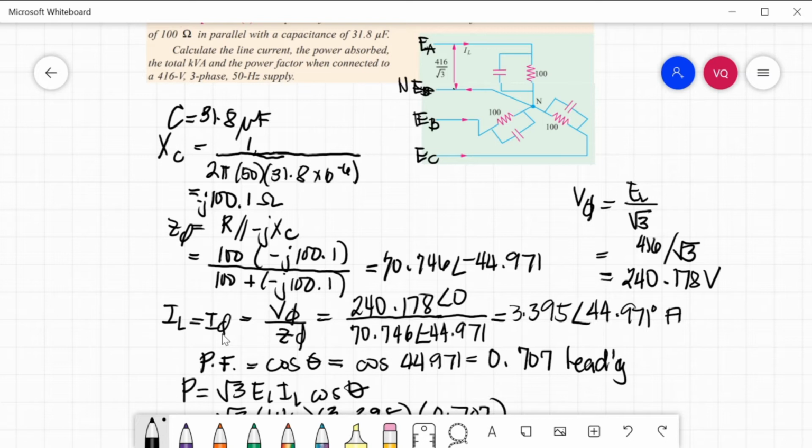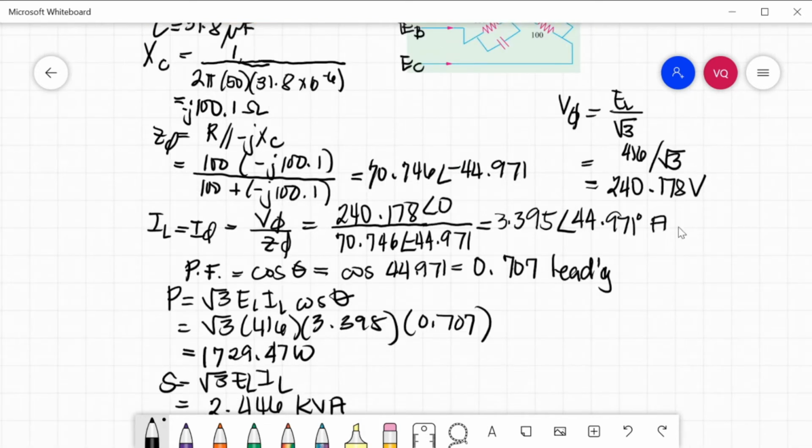Solving now the line current, which is equal to the phase current in star connected, we have E phase divided by Z phase. We made our voltage the reference, so you will get 3.395 angle 44.971 degrees amperes. Now the power factor is cosine of 44.971, that is 0.707 leading.